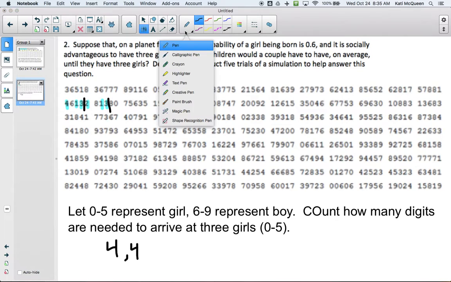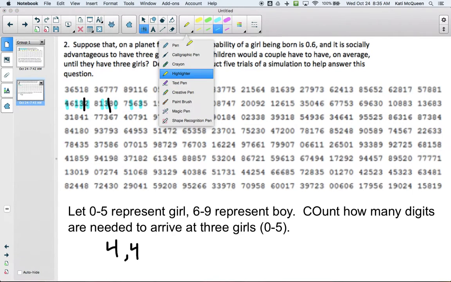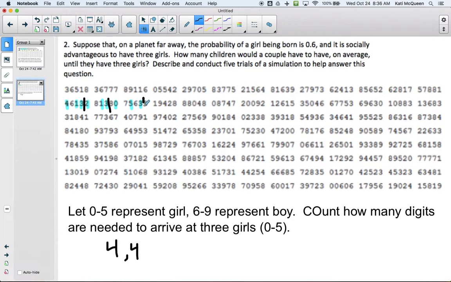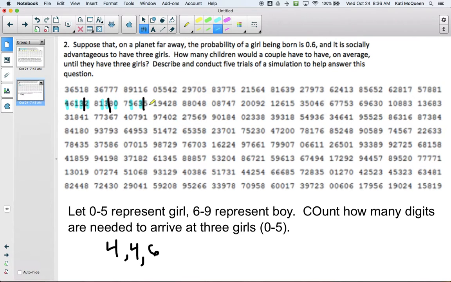Okay, so they asked us to complete 5 trials here. So we're going to keep going. So there's a girl, and there's my 3rd. So let's mark that off. So that took 1, 2, 3, 4, 5, 6 children until I got those 3 girls. All right, we'll keep going here with our 4th trial.